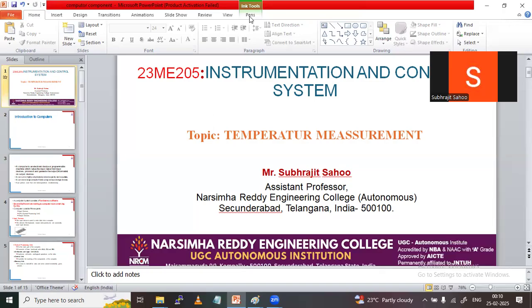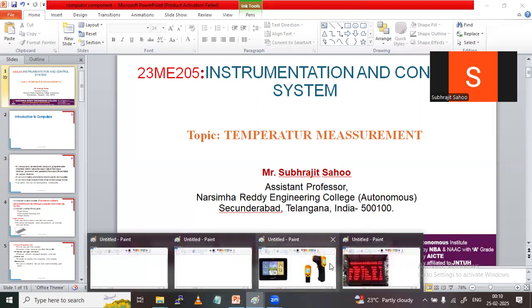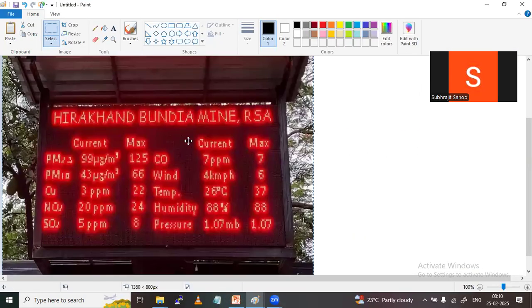But there are several places where temperature measurement is done frequently, and that is also very important. It is required to measure the temperature frequently. Suppose I give an example: this is a board at a railway platform.